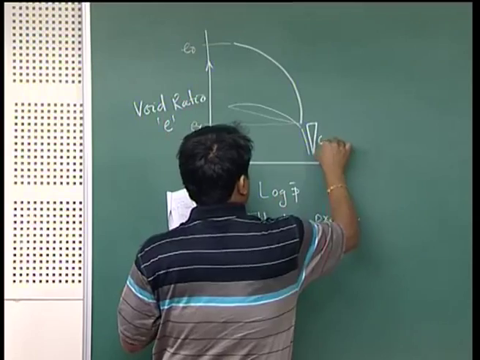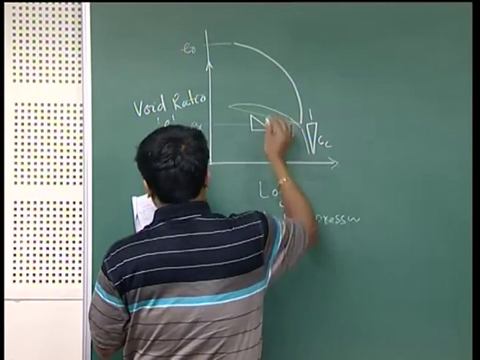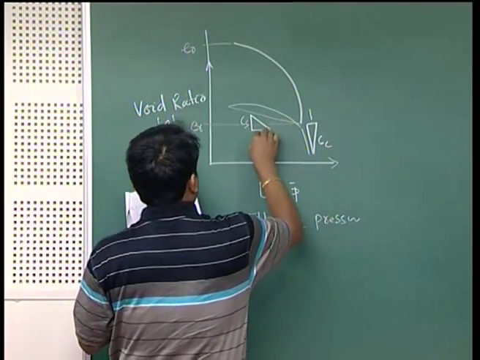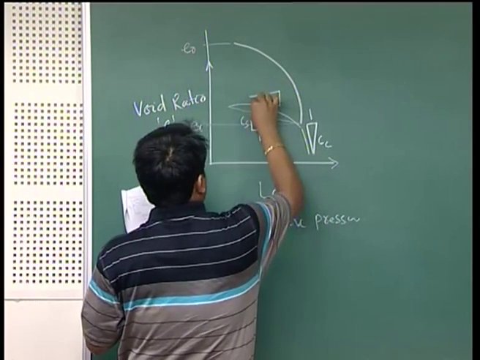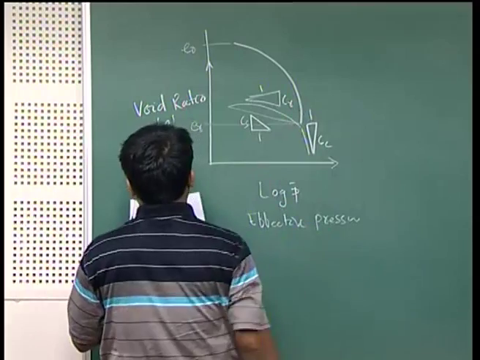This is Cc1, Cs, then 1, then this is 1 Cr.